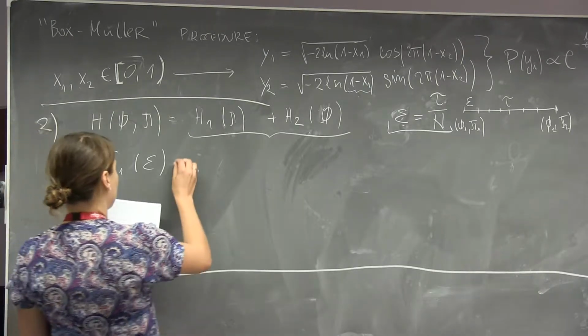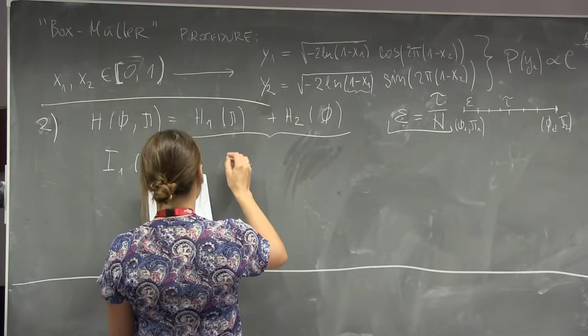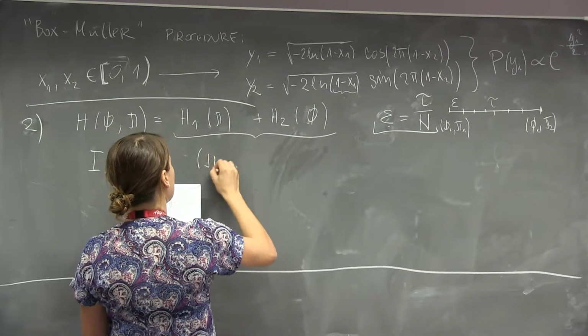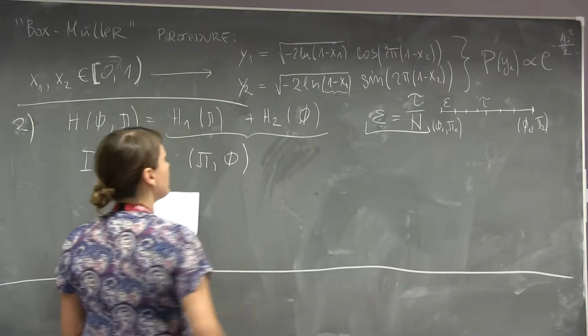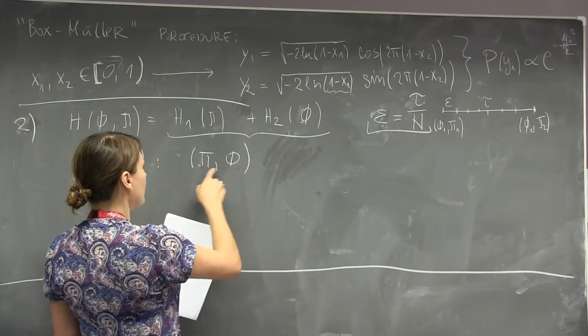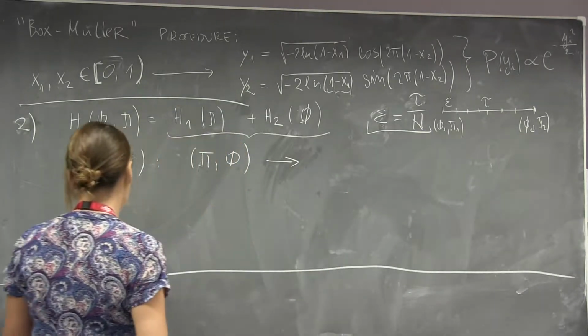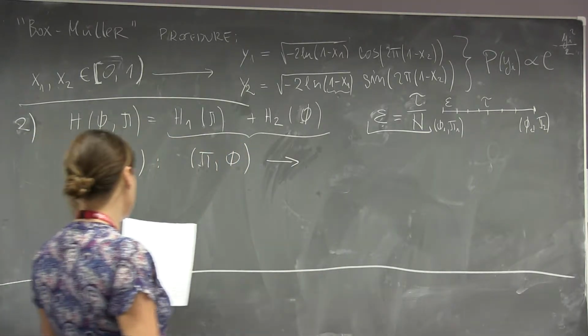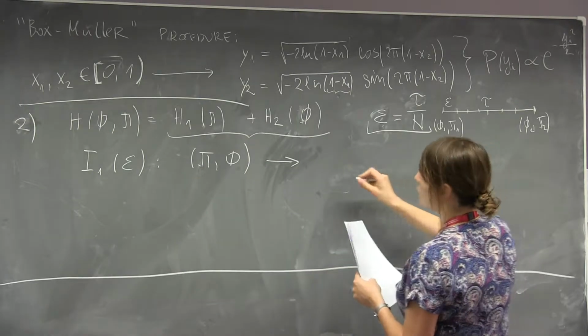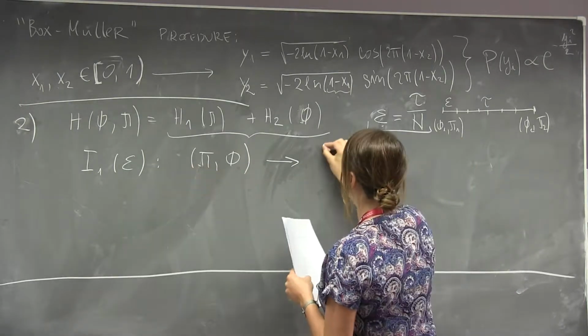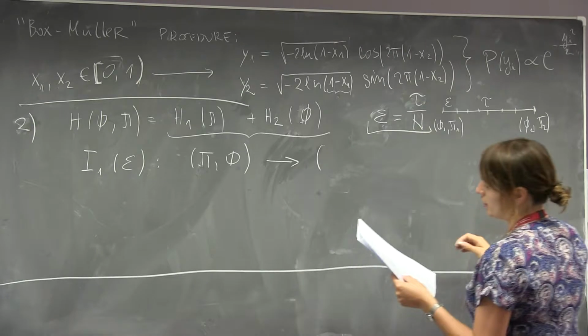And for each of these sub-intervals, we would perform the following update. So our field phi and our momentum pi will be updated. In each of the two sub-steps, we will update one of the two variables.